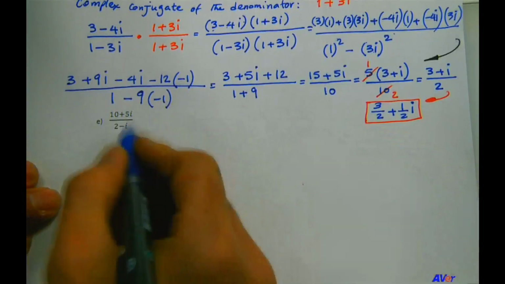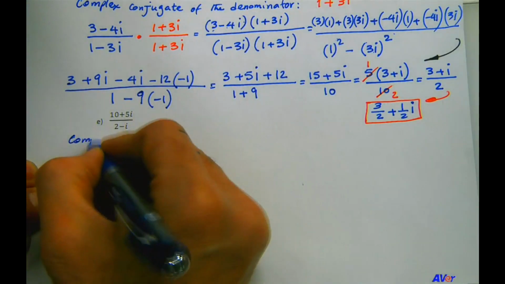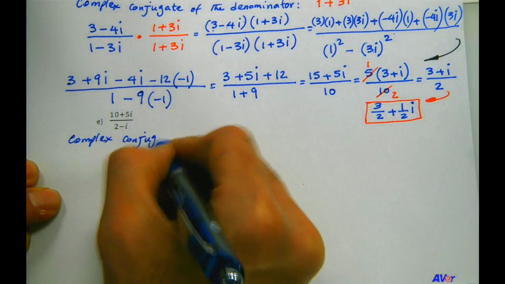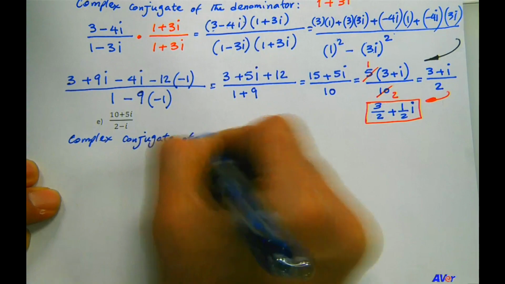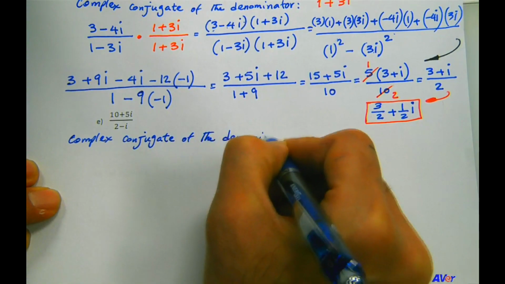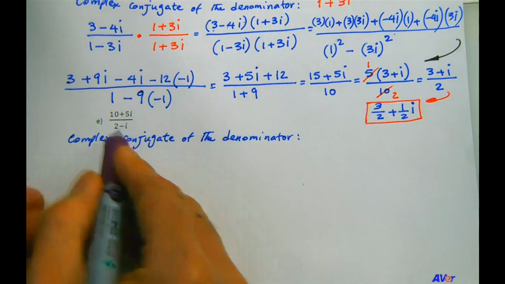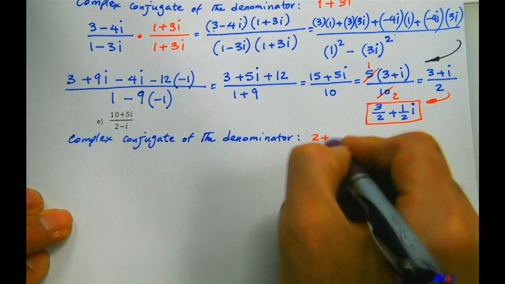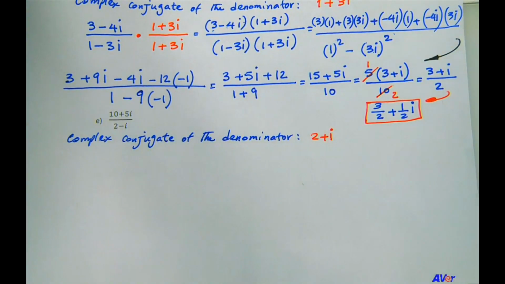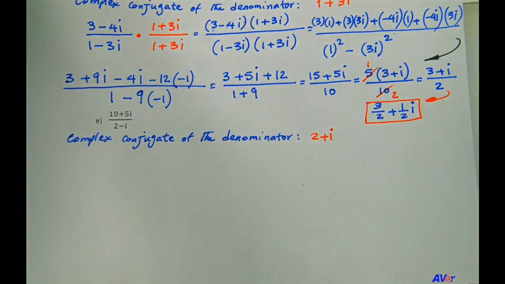Great. So the complex conjugate of the denominator is equal to 2 plus i. Okay? 2 plus i is the complex conjugate of the denominator.